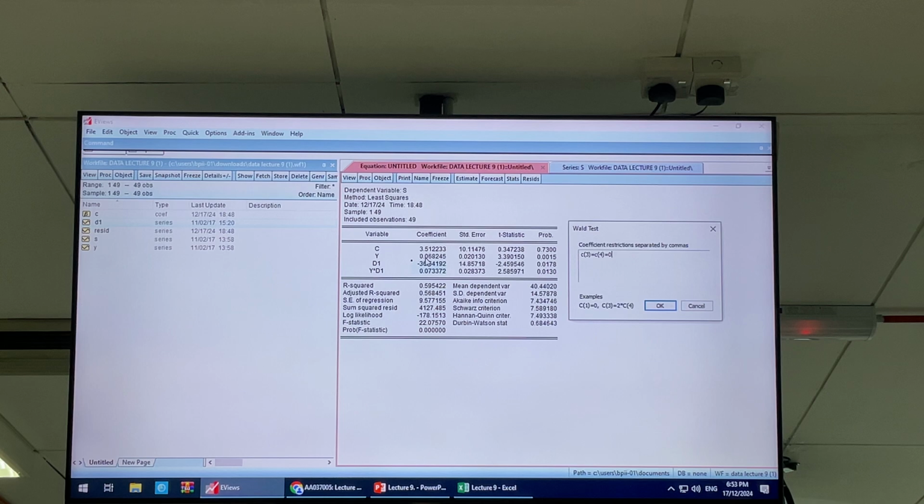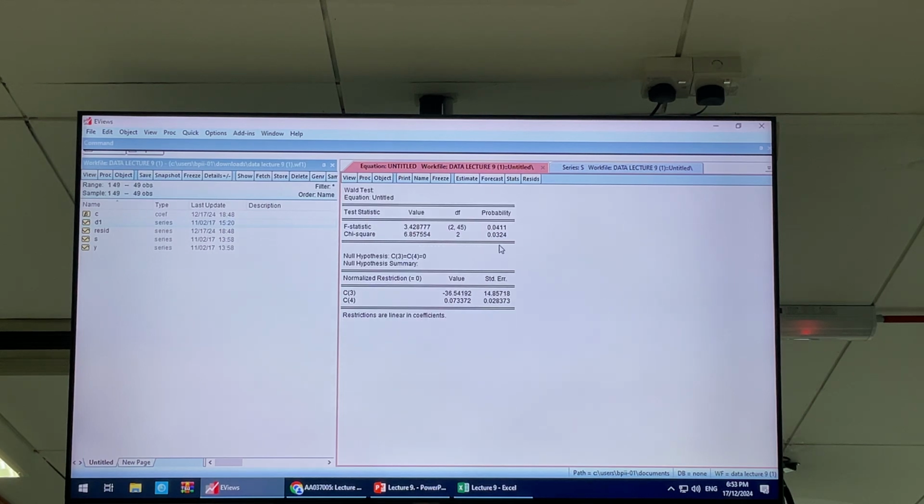Last week, one of the questions, the first part, asked you to perform the test, and you can just take it from here. For this example, you want to know whether the intercept and slope are jointly equal to 0 or not. You can perform it like this, and then you get the result, test statistic and p-value.